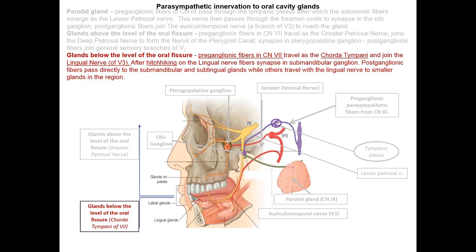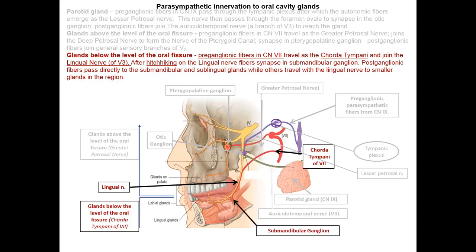Postganglionic fibers pass directly to the submandibular and sublingual glands, while others travel with the lingual nerve to smaller glands in the region. Here we have the chorda tympani passing over to the lingual nerve, synapsing then in the submandibular ganglion, and innervating the submandibular and sublingual glands.